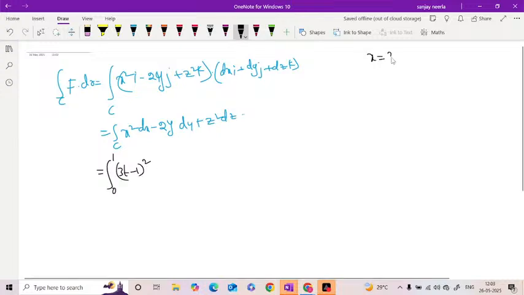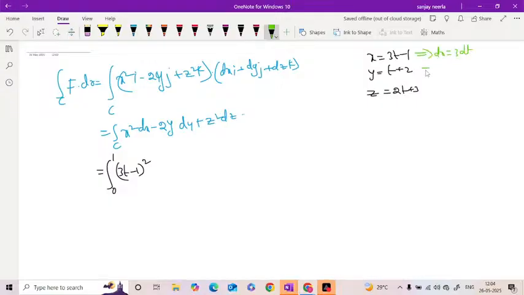So x is equal to 3t minus 1, y is equal to t plus 2, and z is equal to 2t plus 3, and dx is 3 dt, dy is only dt, and dz is 2 dt. Just substitute these results.